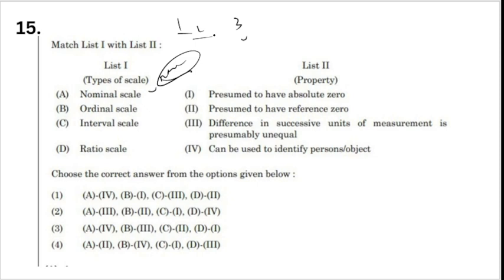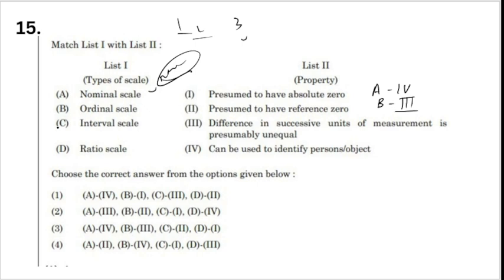There are successive units in ranking, like first, second, third, and there is going to be a difference in measurement, and it's ordinal. So our A was 4, our B was 3, the third.